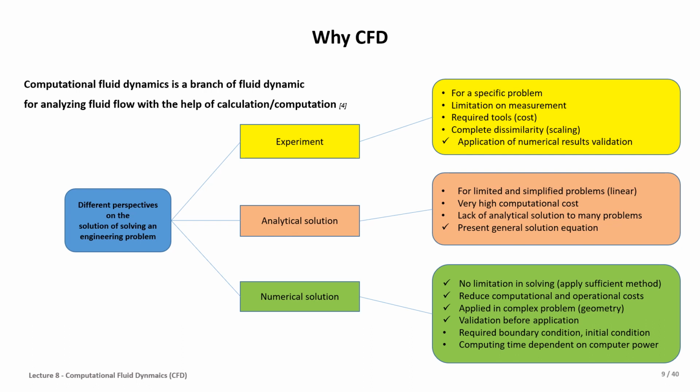Two items are required in the numerical approach. We need the details of the boundary condition and initial condition, and also we are dealing with computing time, which depends on the computer power. These are key parameters regarding CFD, which are related to high performance computing. Sometimes the computing time is essential, and we need enough power to solve this type of problem.